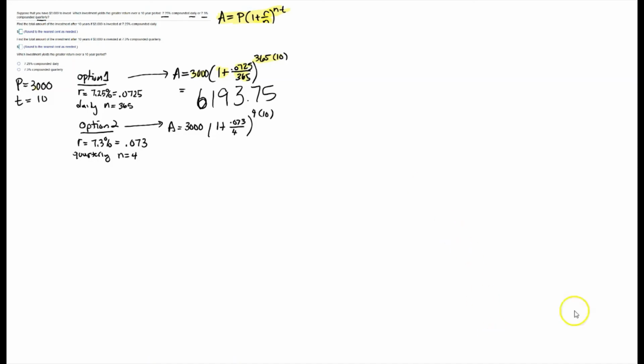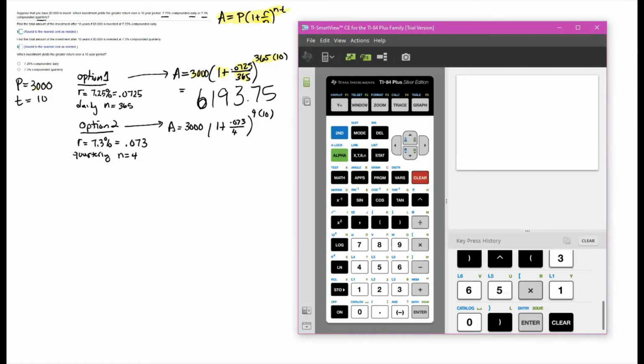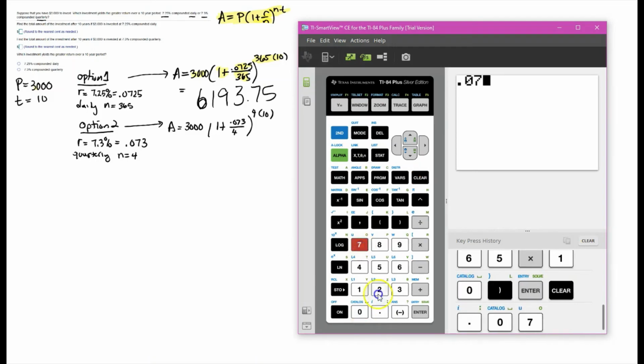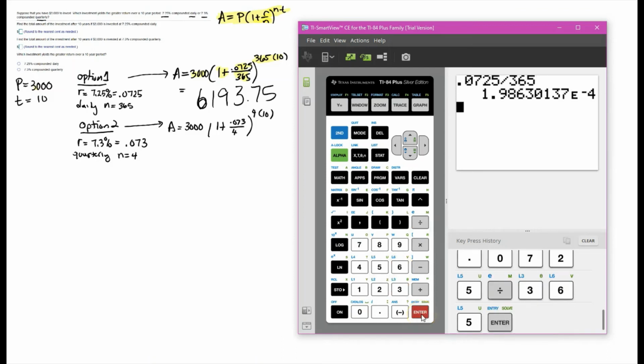So let me show you how to type that. Okay, so we would do 0.0725 divided by 365, enter. Then we're going to add 1, enter. Then we need to do our exponent.